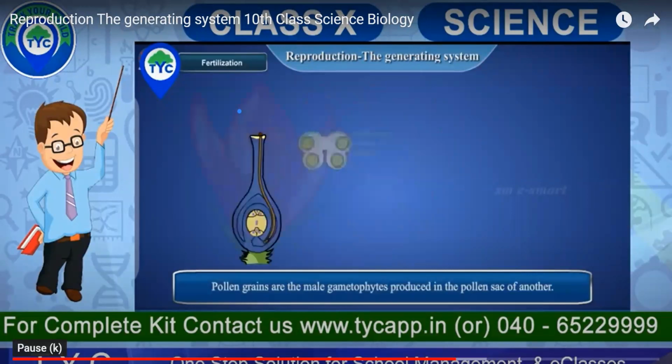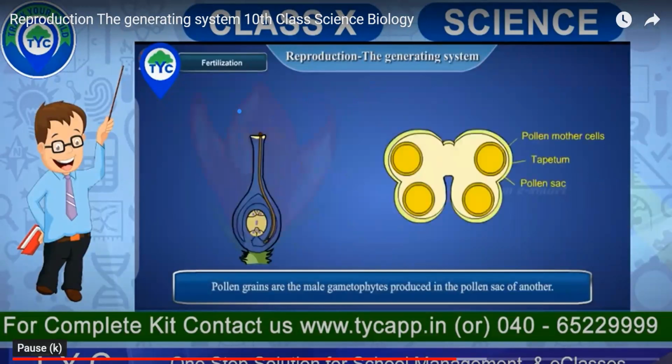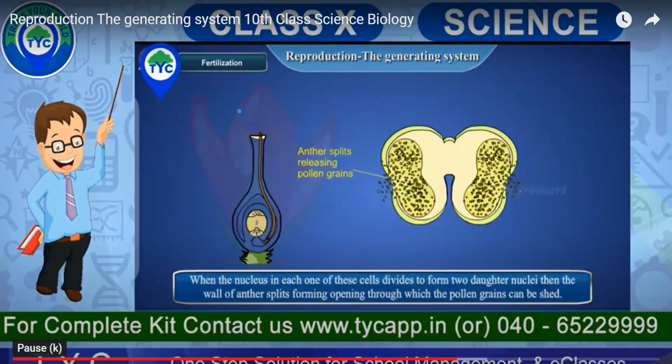You can see how the pollen grains from the male gametophytes are produced, as the anther splits, releasing pollen grains. You can see how this ruptures. It splits.